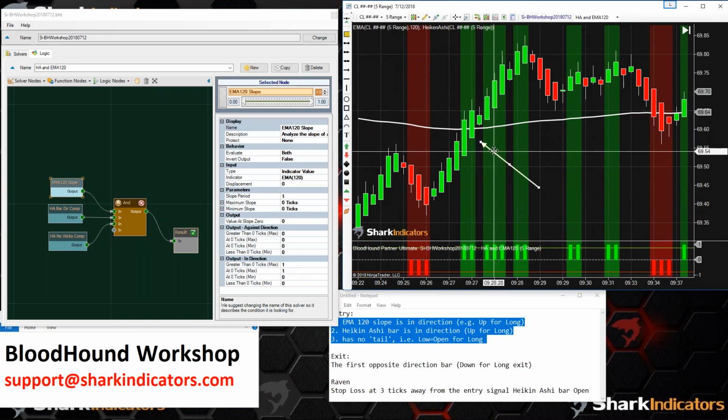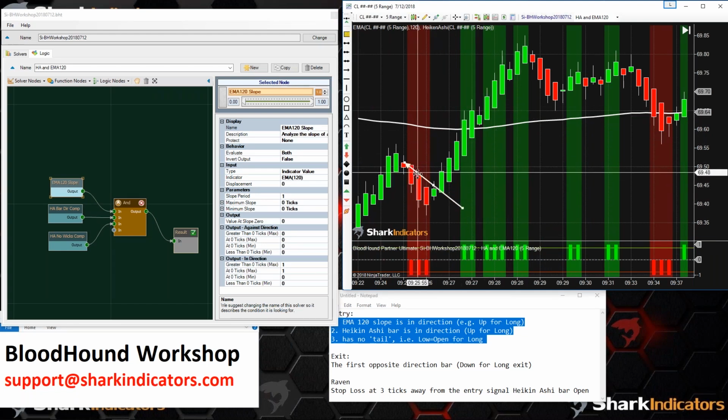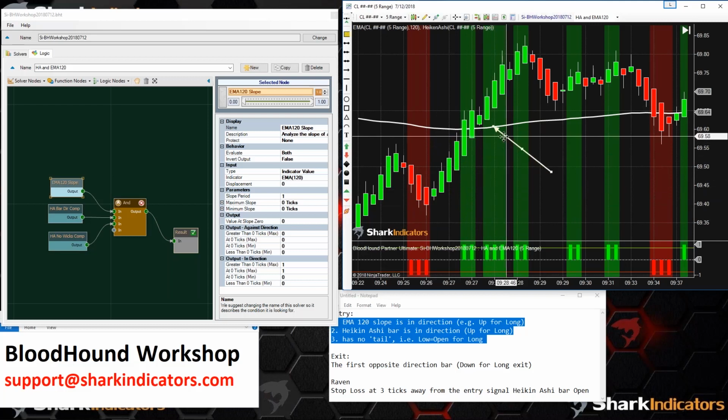So there's every occurrence when all 3 rules are met together. We can see on this down bar, there is an upper tail, so it doesn't qualify. Now on these up bars, we had to wait for the EMA to start sloping up, and then we got an output here.